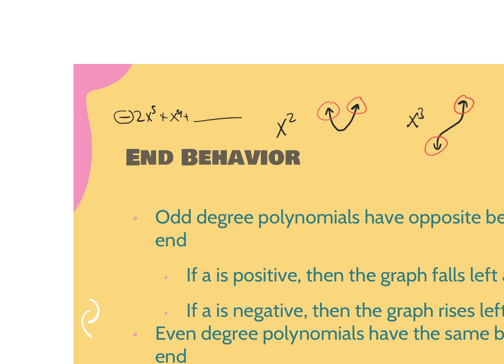But I do know that because of that negative and that odd exponent, it's going to go up as we go to the left and down as we go to the right. It might go something like that, but I do know for sure it's going to go in that direction and in that direction.